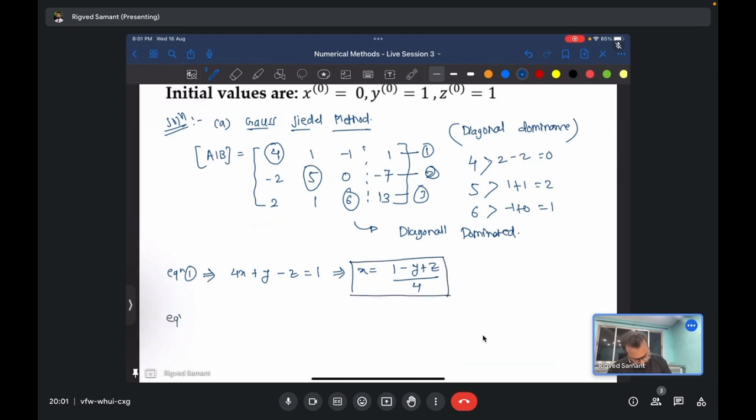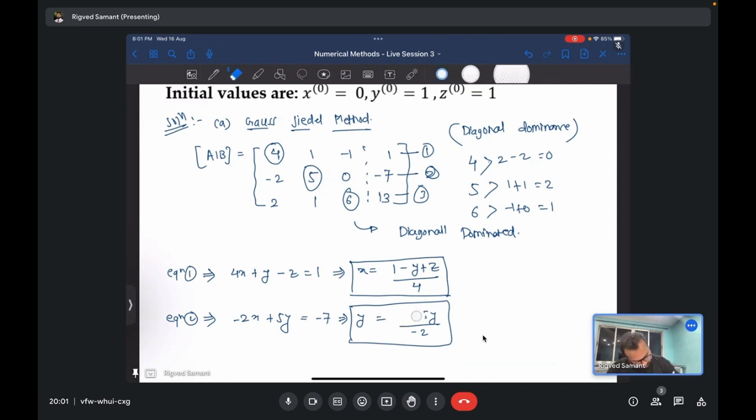Equation 2 you will rewrite in terms of y. Equation 2 is minus 2x plus 5y is equal to minus 7. Sorry, 5y we are keeping, so we write y in terms of the others: y is equal to (minus 7 plus 2x) divided by 5.